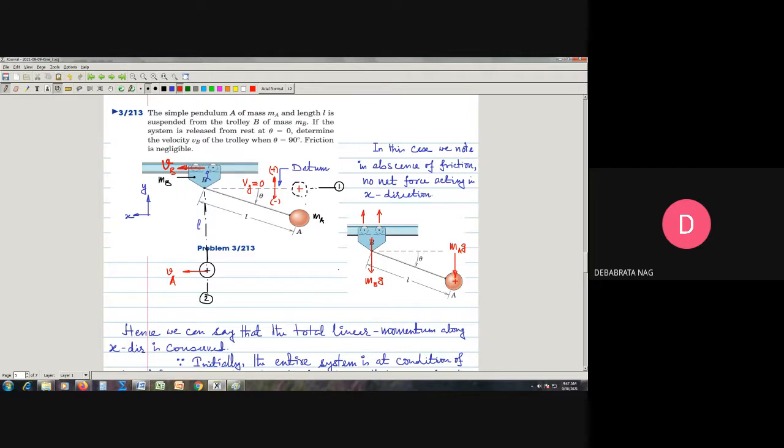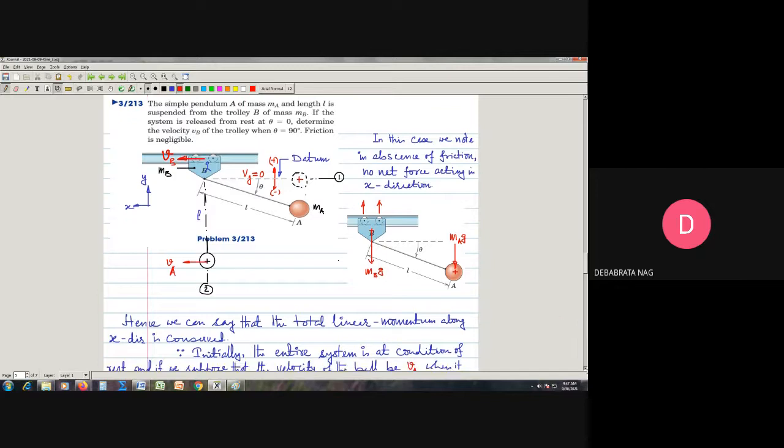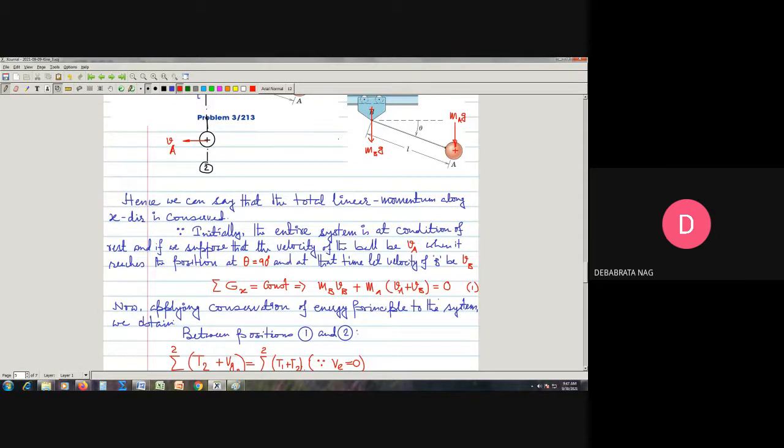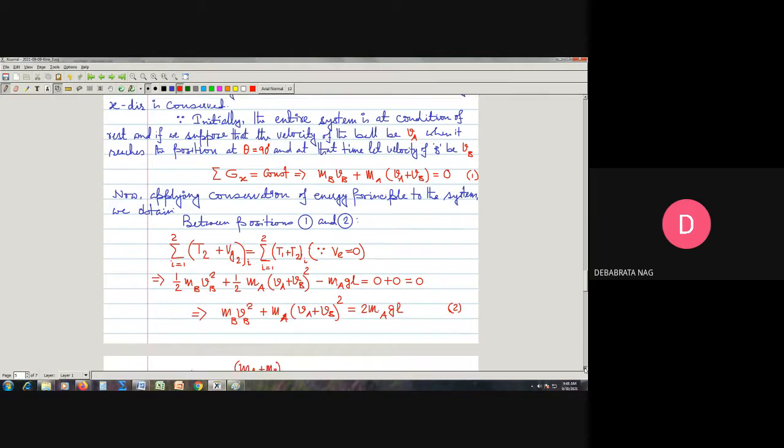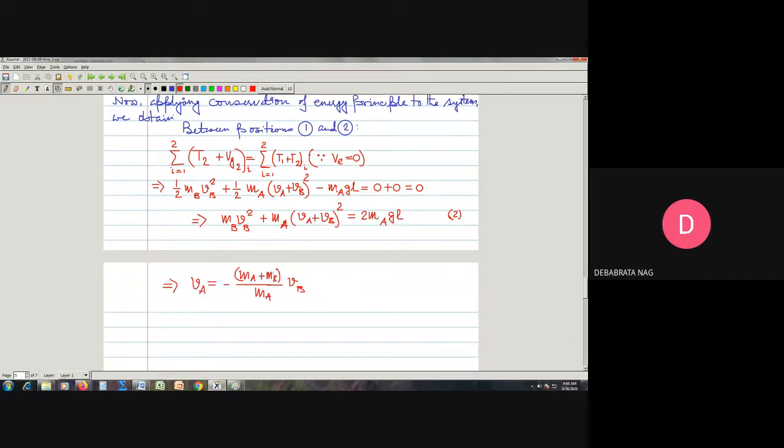That means the bob has the velocity towards the left, so the carriage will move towards the right. This negativity between the two velocities must be there because it has to balance the initial momentum, and since your initial momentum was 0, they have to have a negative sign in between them.